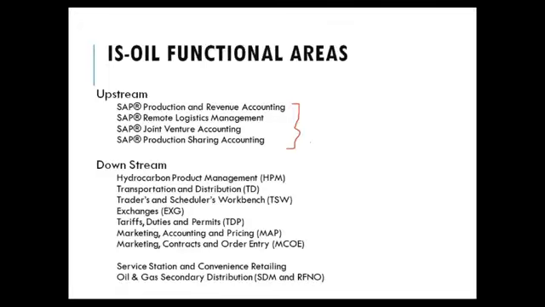So production and revenue. As we know, oil and gas fields are not developed by only one company. They generally form a consortium, right? BP, Shell, ExxonMobil, or Saudi Aramco with some companies form a joint venture.